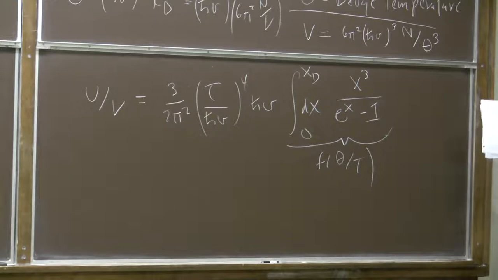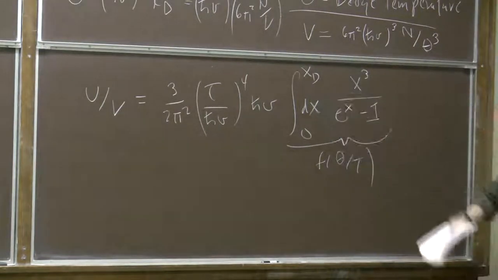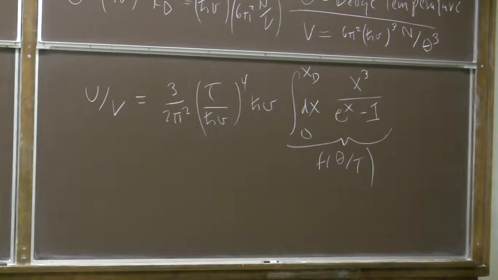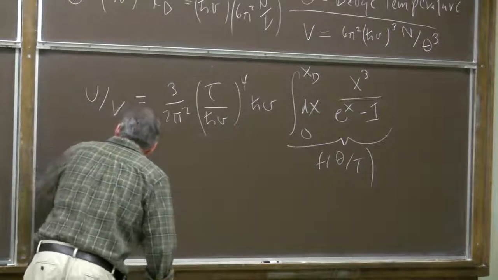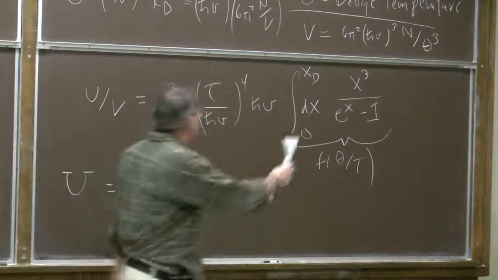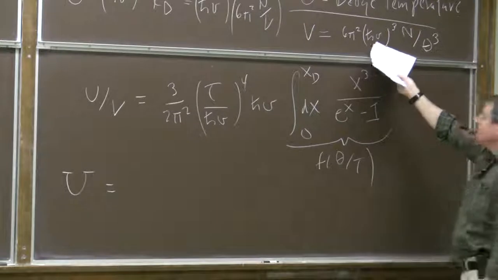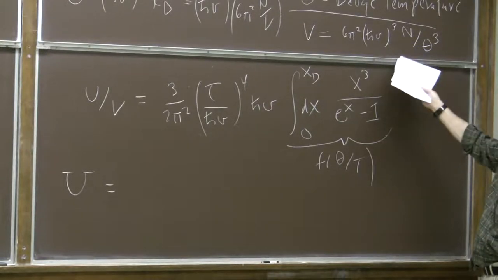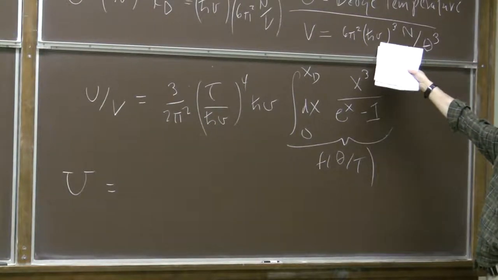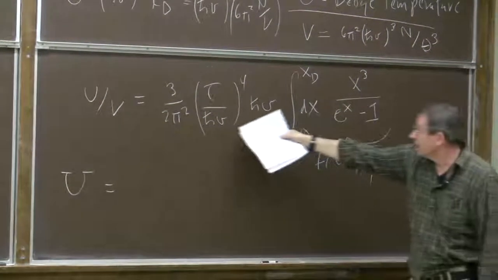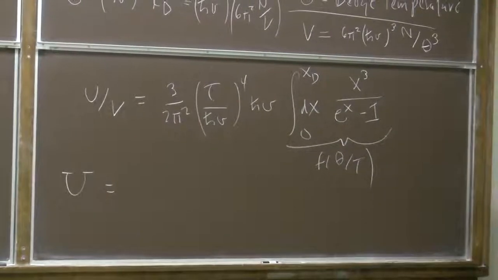And now I'm going to use this expression for the volume to write the energy stored in the crystal in terms of n, the number of atoms. Because if I do that, there are a lot of nice cancellations. If I multiply both sides by the volume, which is 6 pi squared times h bar v cubed, number over theta cubed, all the h bar v's go away, because I'll have 3 powers of h bar v here, and I have 3 powers of 1 over h bar v here.